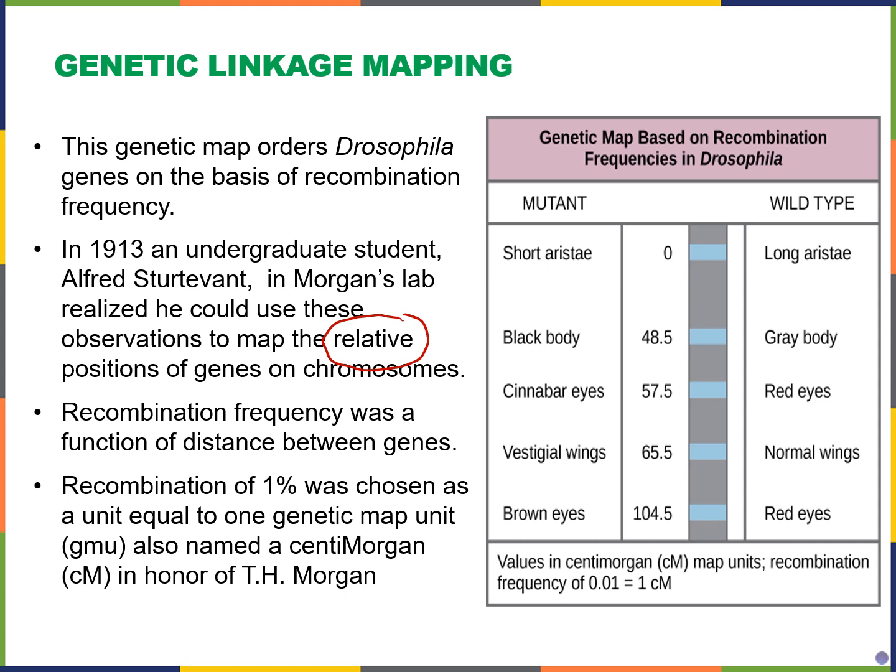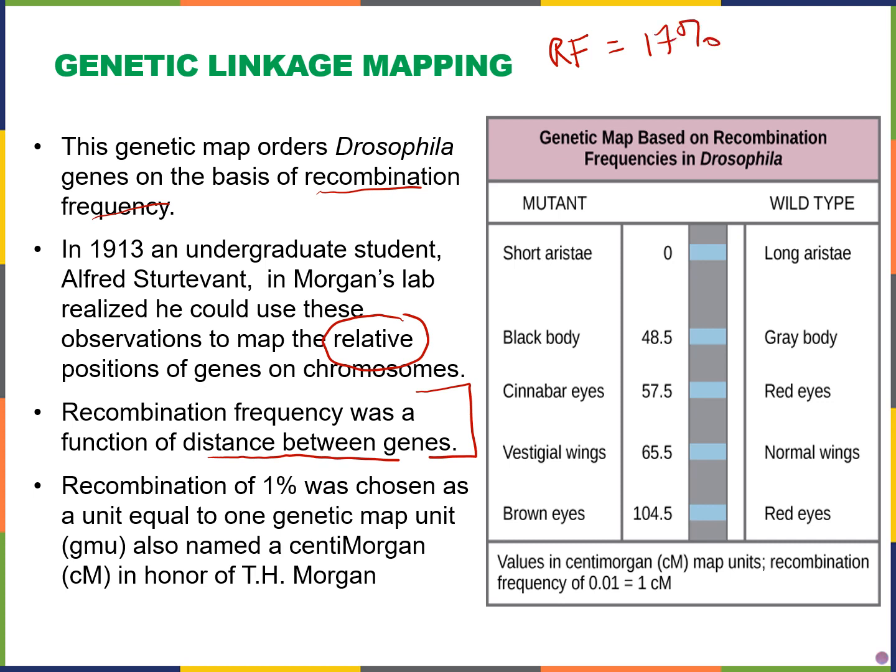So the calculation we did previously, that 17% from the previous slide, is known as the recombination frequency. And we use this number to act as a function of distance between different genes. So in our class, recombination frequency can be expressed as a percentage, just like we did on the previous slide.